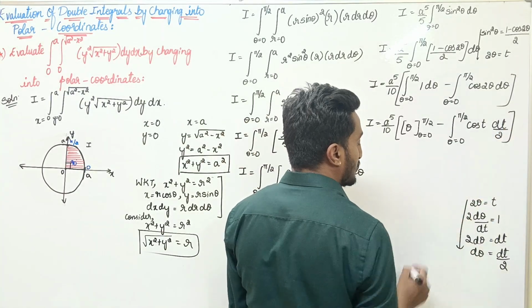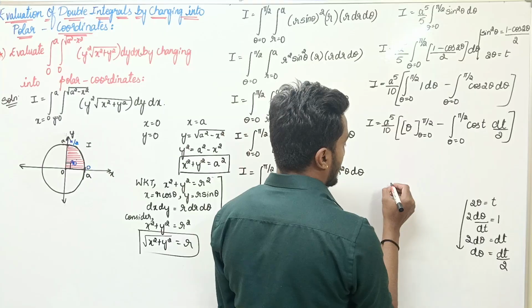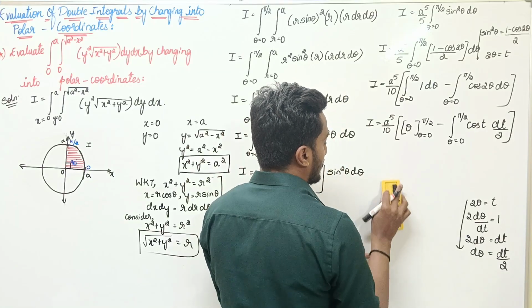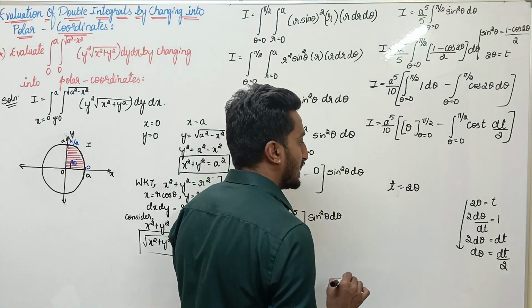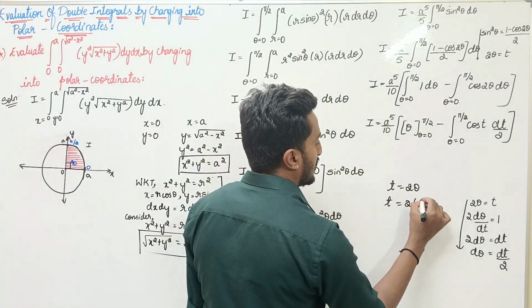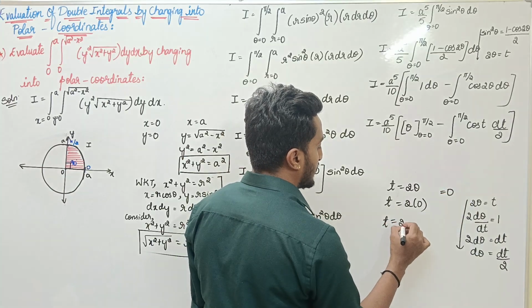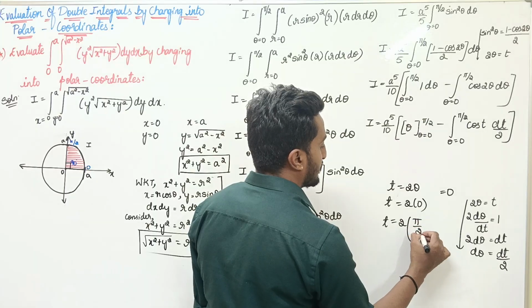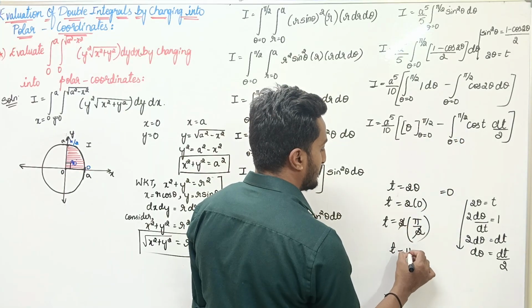Then I need to change the limit points also. Substituting the limits with t equal to 2 theta, the lower limit is t equal to 2 into 0, which is also 0. The upper limit is t equal to 2 into pi by 2, the 2s get cancelled, and t equal to pi.